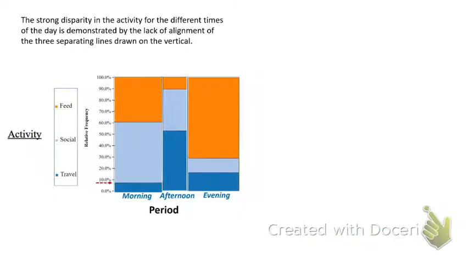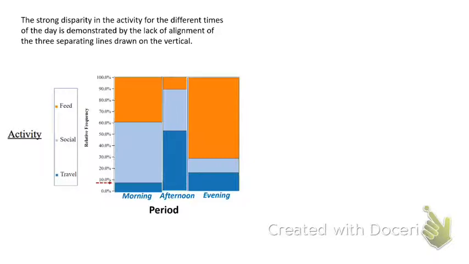Now, when we talked about the segmented bar graphs or the stacked bar graphs, we talked about how we could see whether or not there was an association between two variables. And we can do that here too. So basically, if you want to know if there's an association, you kind of ignore the width of the bars. We don't really care here that morning is wider than afternoon.